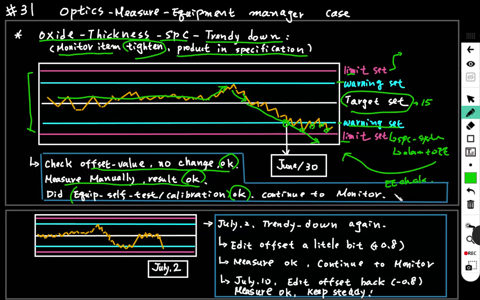The lifetime of the lamp, the UV, the visual lifetime is okay. It's not necessary to replace them. So keep monitoring and watching.